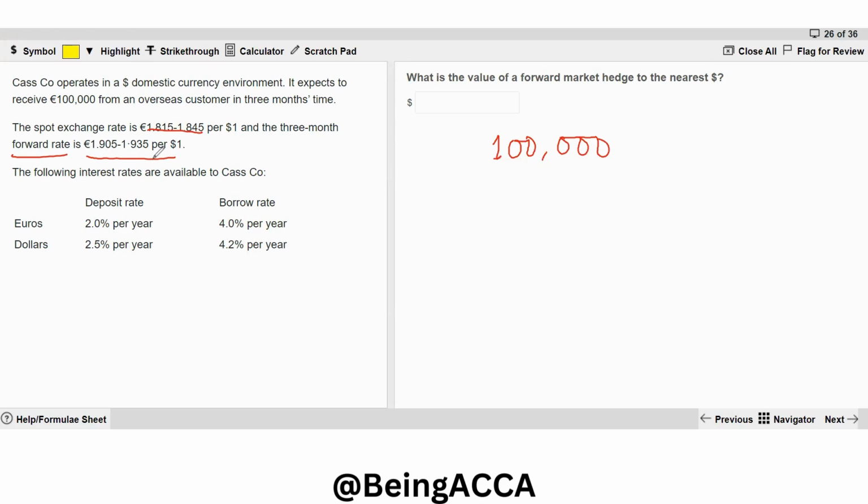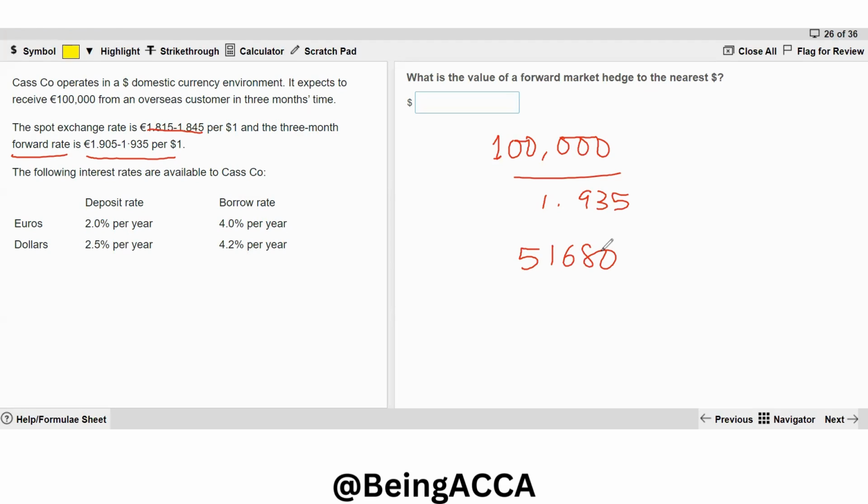We are going to get less money from the dealer who is on the market, so we're going to have to use the higher rate over here, which is 1.935. If I divide by 1.935, I will get my answer over here as 51680, and this is what I will type over here.